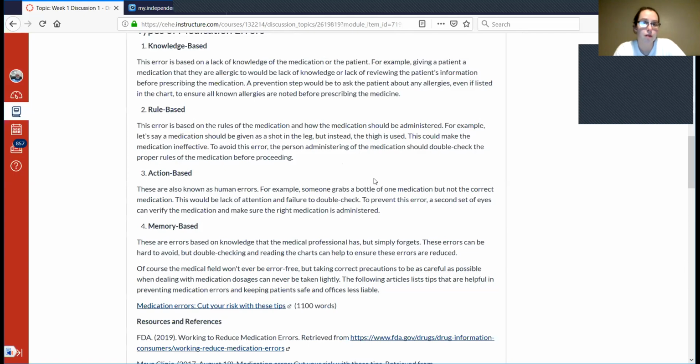One is if it's too low, the patient is not going to recover from whatever it is, and that's going to lead the physician to assume that the drug wasn't working, and probably prescribe them something else, or maybe a higher dose, and that could cause severe issues. And then, of course, the other kind of error is overdosing, which is more likely to lead you into a toxicity situation. So there are lots of ways these things can happen.